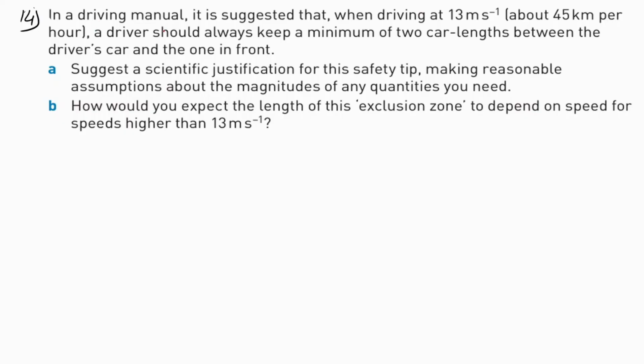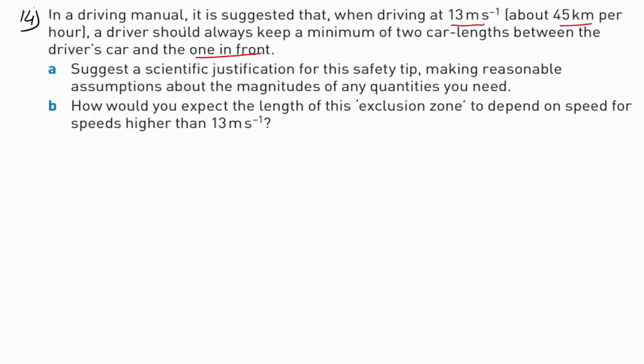14. In a driving manual, it is suggested that when driving at 30 meters per second, like 45 kilometers per hour, a driver should always keep a minimum of two car lengths between the driver's car and the one in front. Suggest a scientific justification for the safety tip, making reasonable assumptions about magnitudes of any quantities you need.